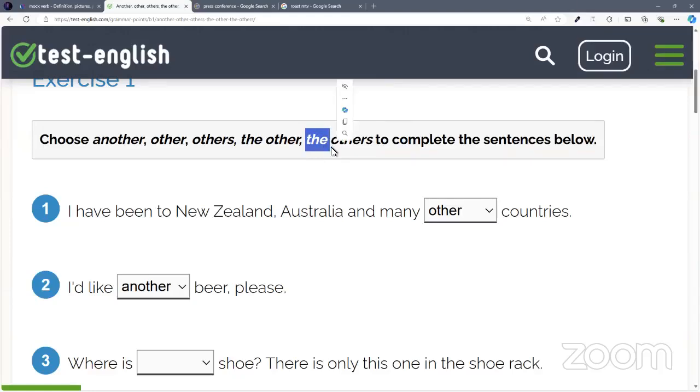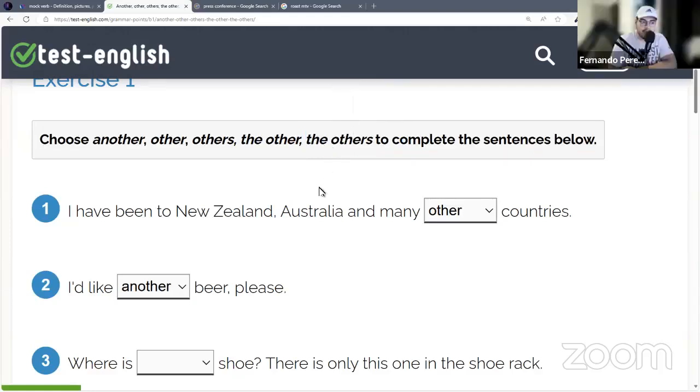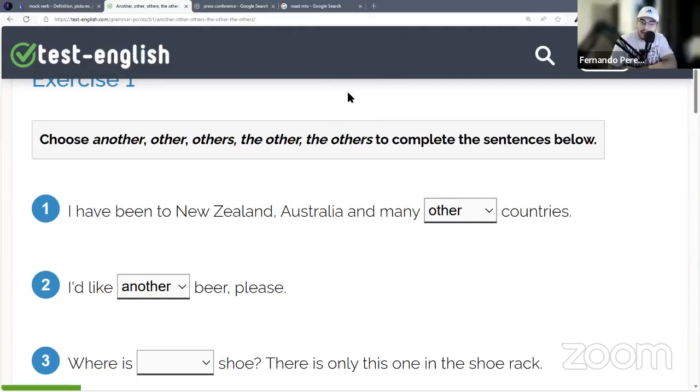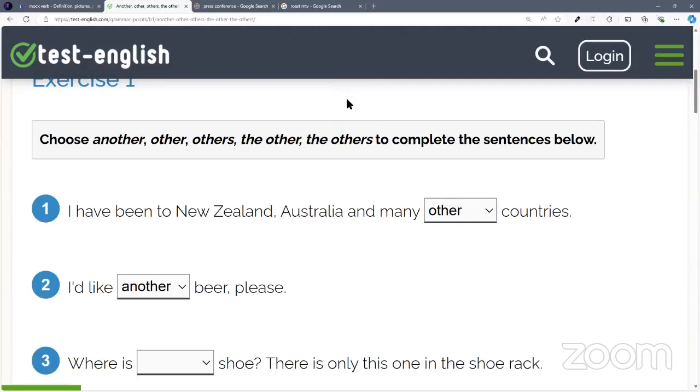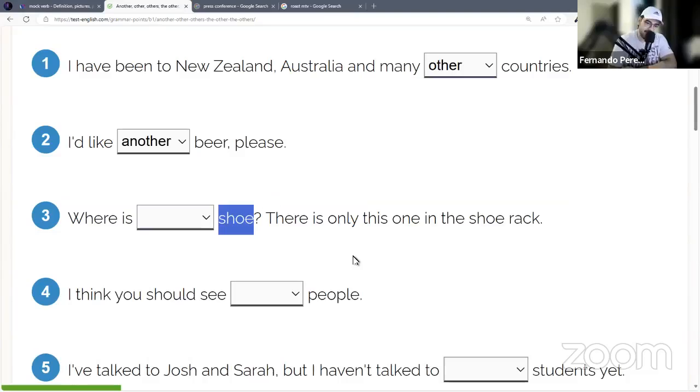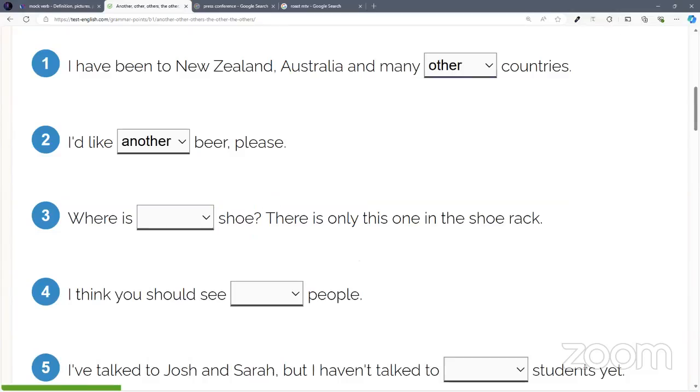For example, you only have 2 socks. Do you know what is a sock? Yes, calcetín. When you have one, where is the other? This is the same case with the shoe. Where is the other shoe?